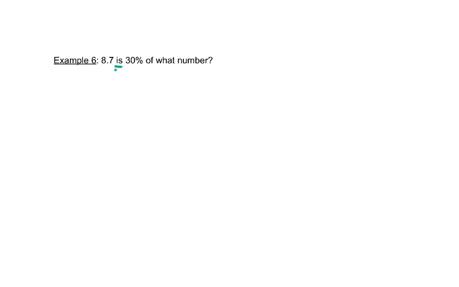So here we have 8.7 is 30% of something. So we have 8.7 equals 30%. We need to change to a decimal first. Every time you see that percent sign, you need to think divide by 100. So we're going to write that as 0.30 times, we don't know what.